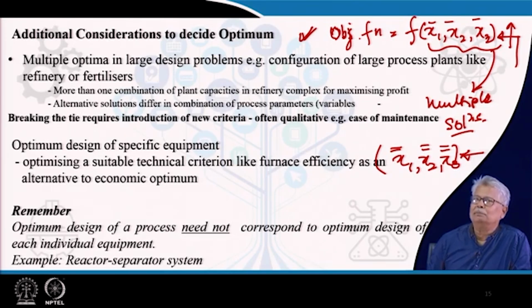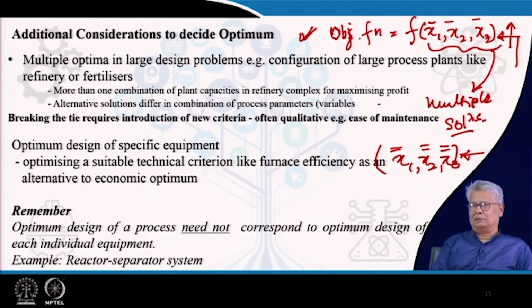But the level of pollution it's going to create will be different. And it is obvious that we will opt for either the bar option or the double bar option of the combination of the capacities, depending on in which case my pollution is lower.